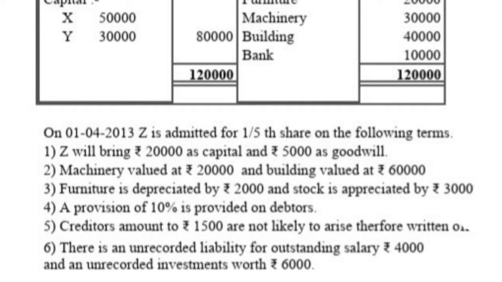The second point, machinery valued at rupees 20,000 and building valued at rupees 60,000. If any amount is given after the word at, it is the market value. Here in the balance sheet the book value of machinery is rupees 30,000, but now the market value is only rupees 20,000.